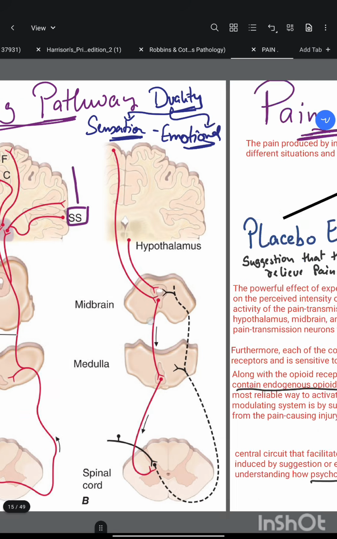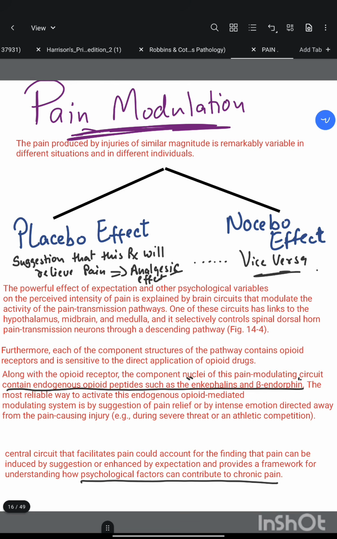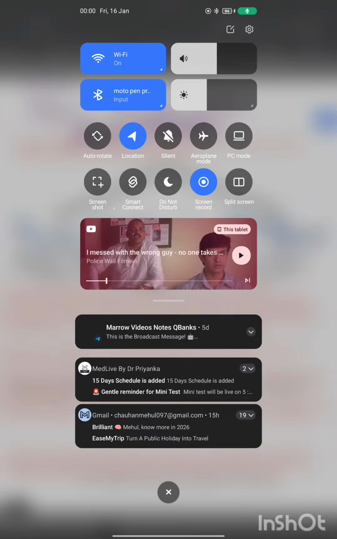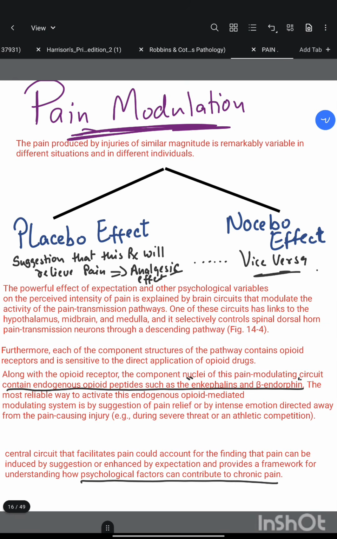So then the next thing is pain modulation. As I told you in the beginning, pain is a subjective experience, a subjective sensation. It may be that in different situations, the person feels pain differently.